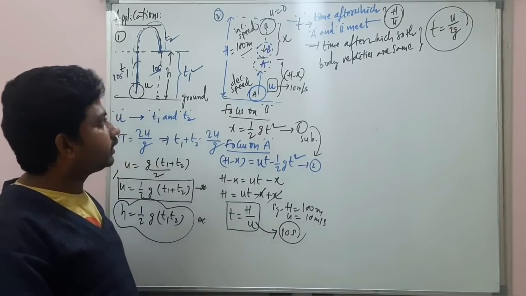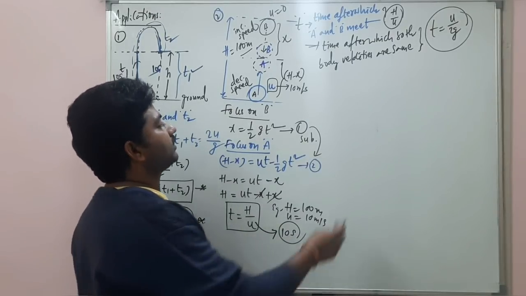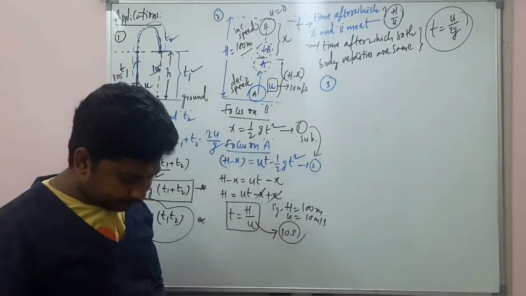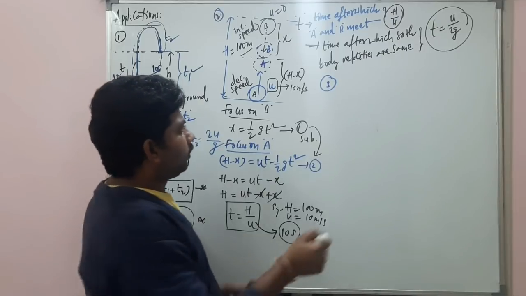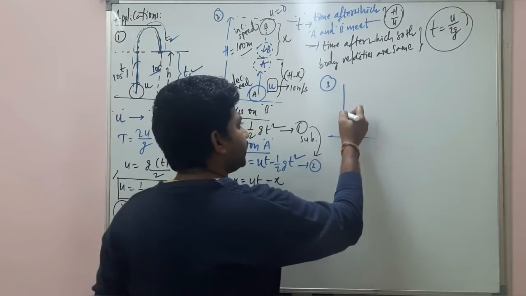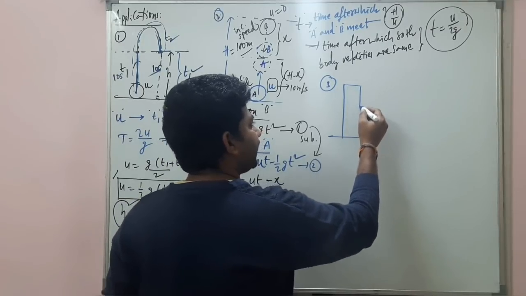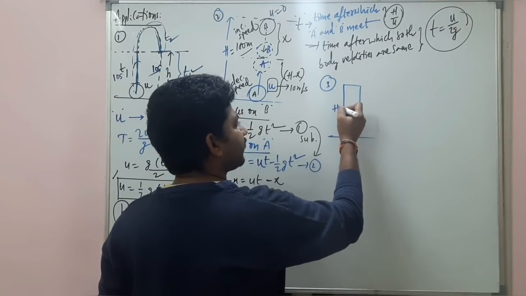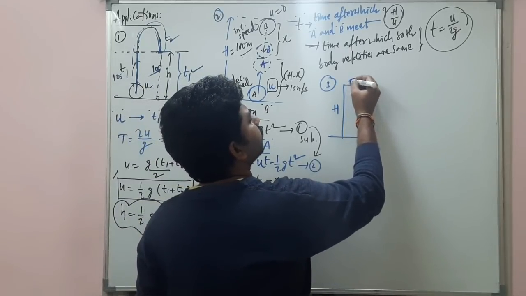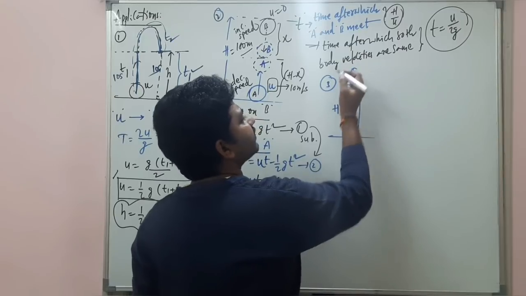Let's have a look at another application, right? Let's have a look at the third application, my dear children. There is a ground and a tower of height h. A body is thrown up with some initial velocity u here.